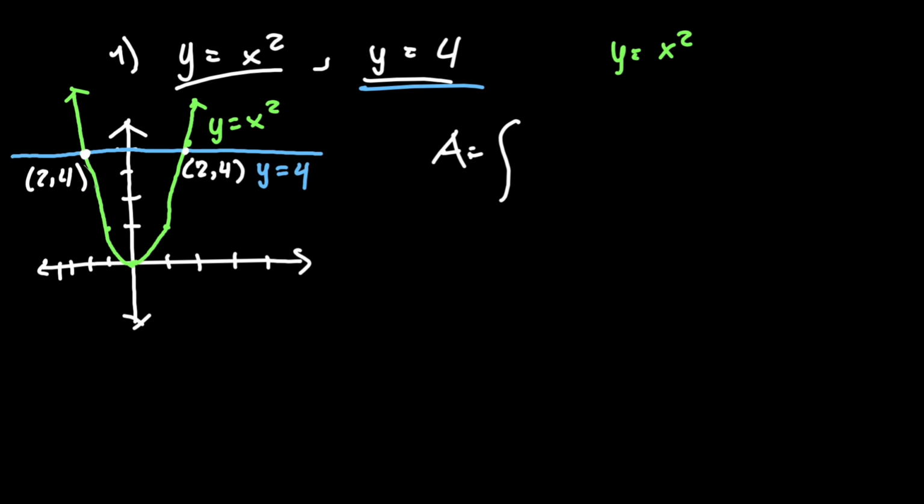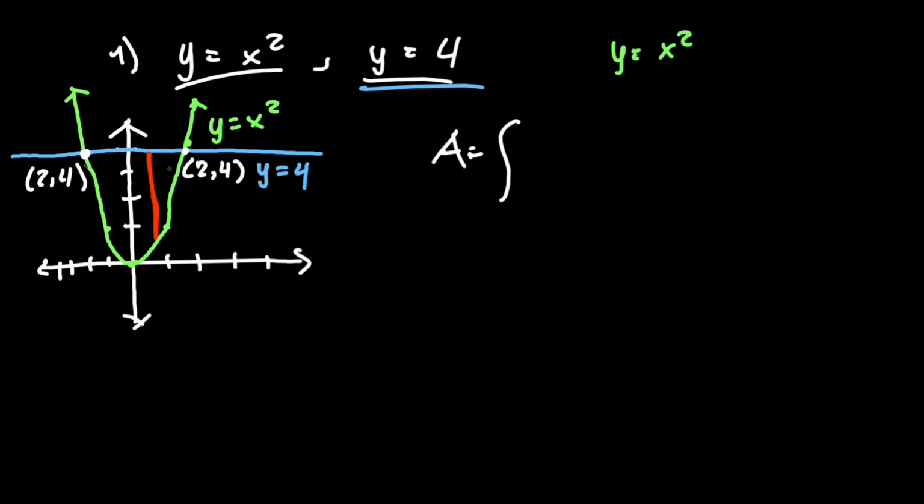If you use a horizontal element, you can see here that it touches the same curve, the y equals x squared here, and it will be a complicated solution. So we will just use a vertical element here since it touches two curves, the y equals 4 and y equals x squared. So we will just adopt the simpler method.